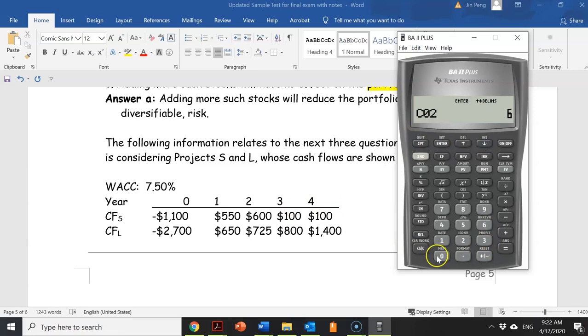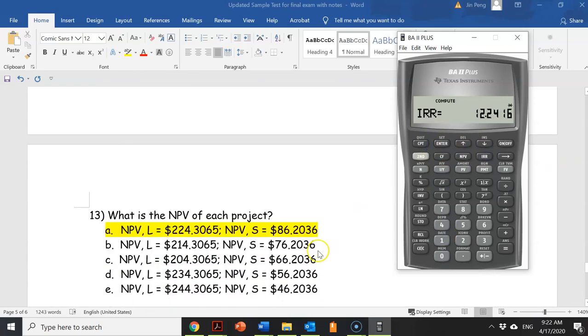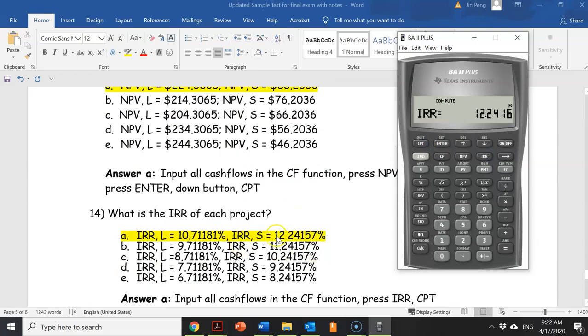Cash flow 2, 600. Cash flow 3, 100. Cash flow 4, 100. No cash flow 5. Go to IRR compute. So IRR for S is 12.2416%, which is the same as option A.